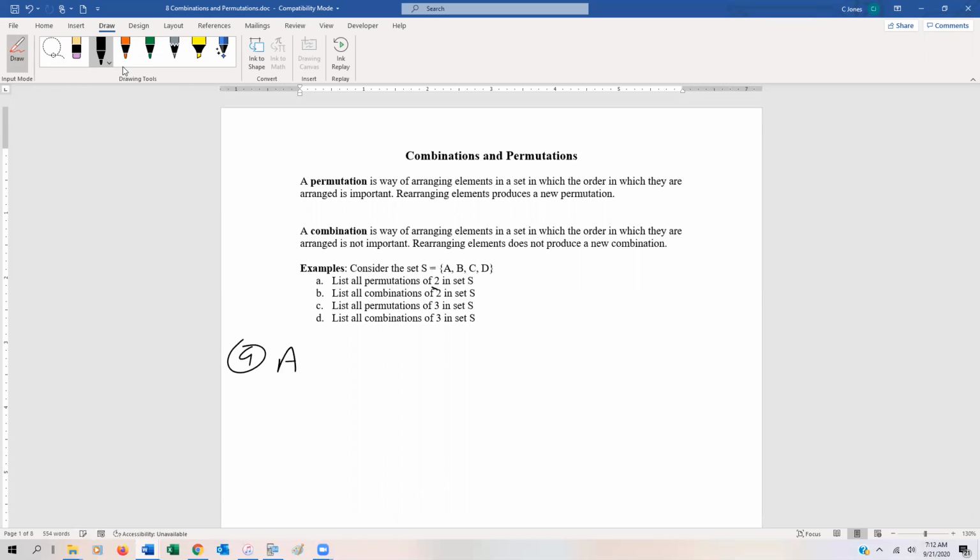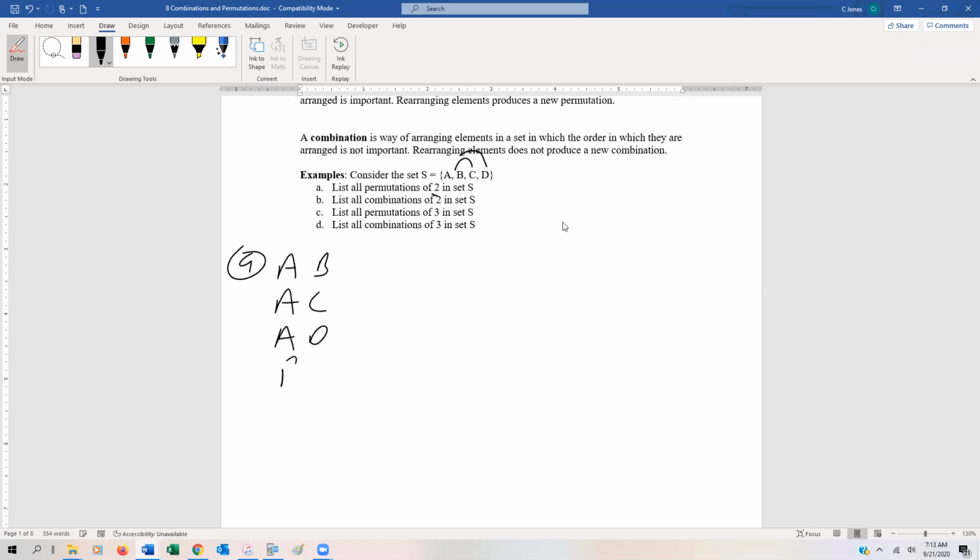One is obviously going to be AB. Another one is going to be AC, and then a third is going to be AD. All I did here was start with A, and then pull them out. Now I'm going to do the exact same thing, starting with B this time. This is just my way of keeping the order, so that I don't miss anything.